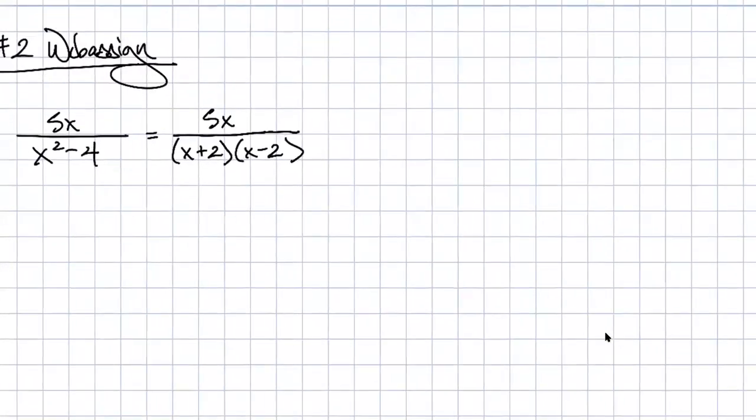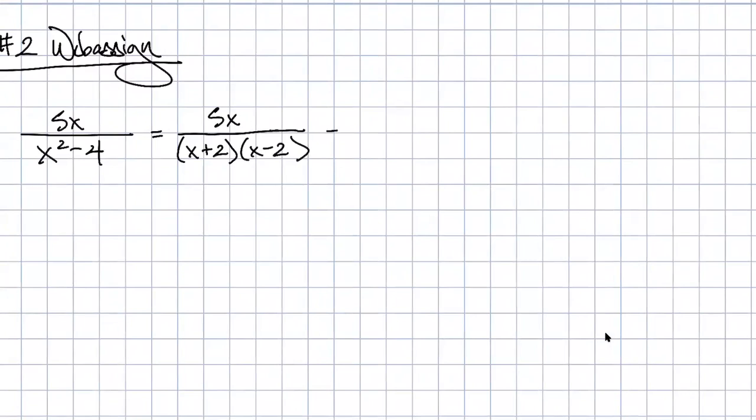Mm-hmm. And then this is our very first case, where there's no repetition, everything is linear. So we just have x plus 2 on the bottom of one and x minus 2 on the bottom of the other. And it doesn't matter which one you put first or second.